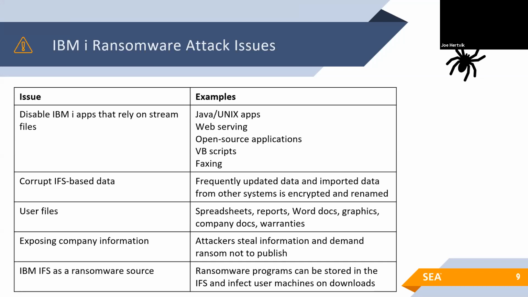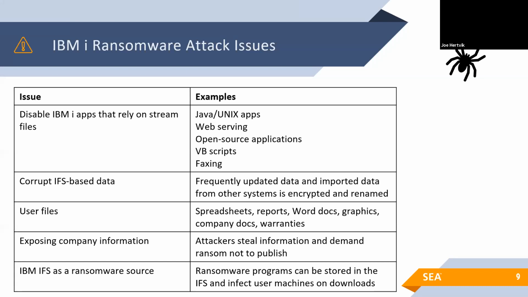It can also corrupt IFS-based data. A lot of people may use the IFS to store their database. Think in terms of something like an HR time tracking system or a door lock system for badge readers. Also think in terms of files that may be stored there for updates.